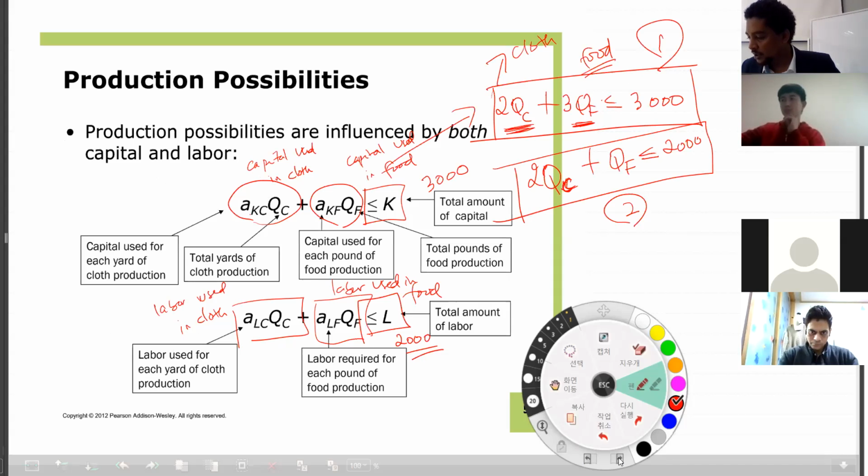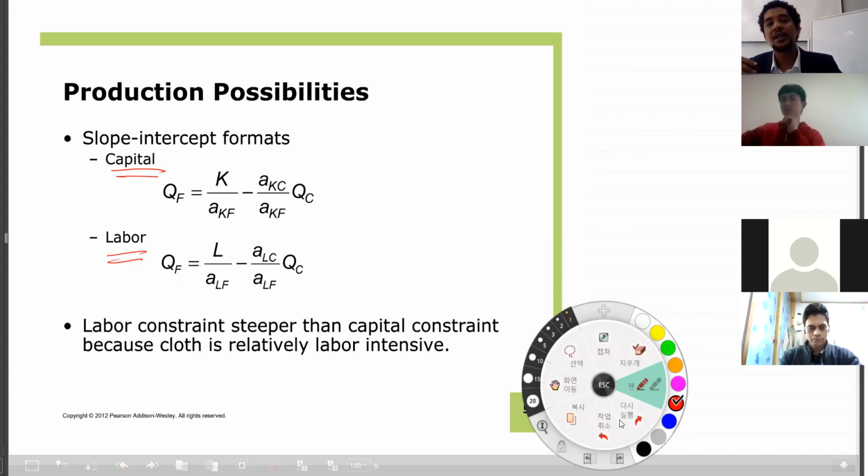It is 2 times quantity of C plus 3 times quantity of food is less than or equal to 3,000, or you can say equal to for the equation, right? So the slope you can just compute like this: plus 3 quantity of food is equal to 3,000, right? So 3 quantity of food is equal to 3,000 minus 2 times quantity of C, right?